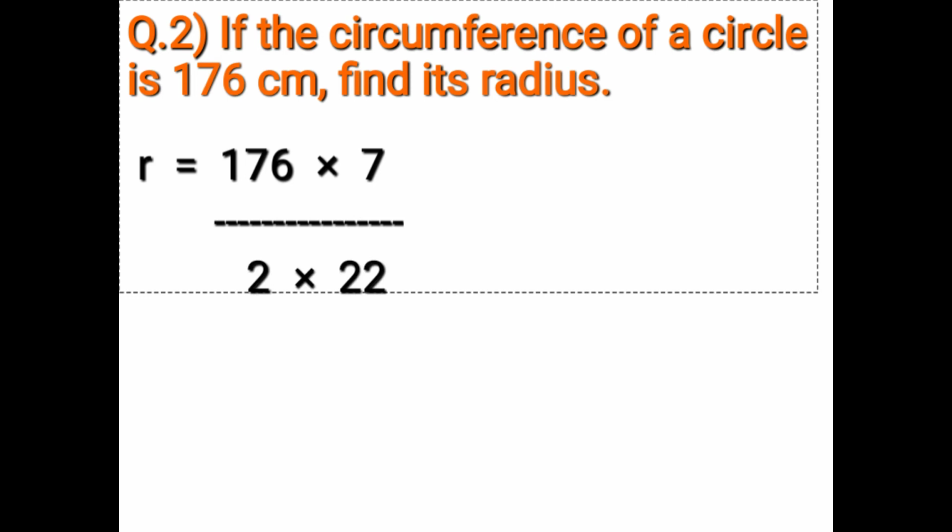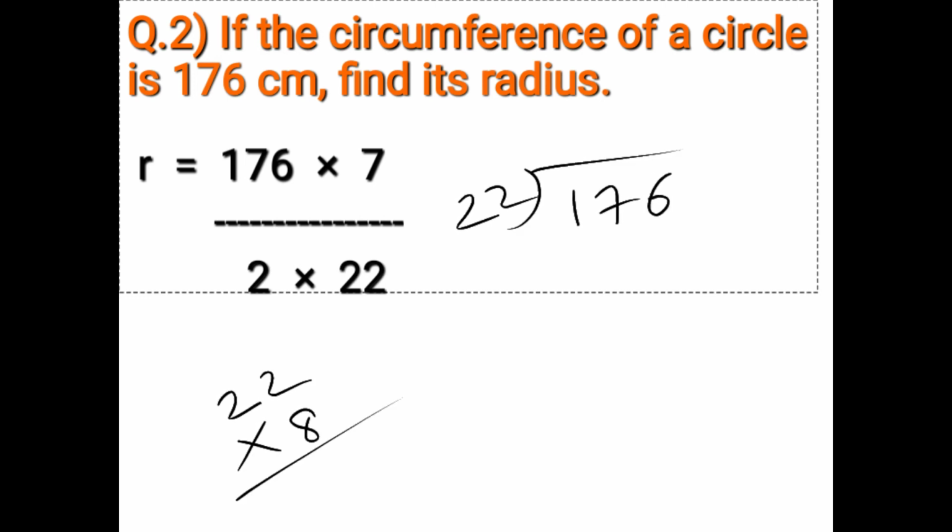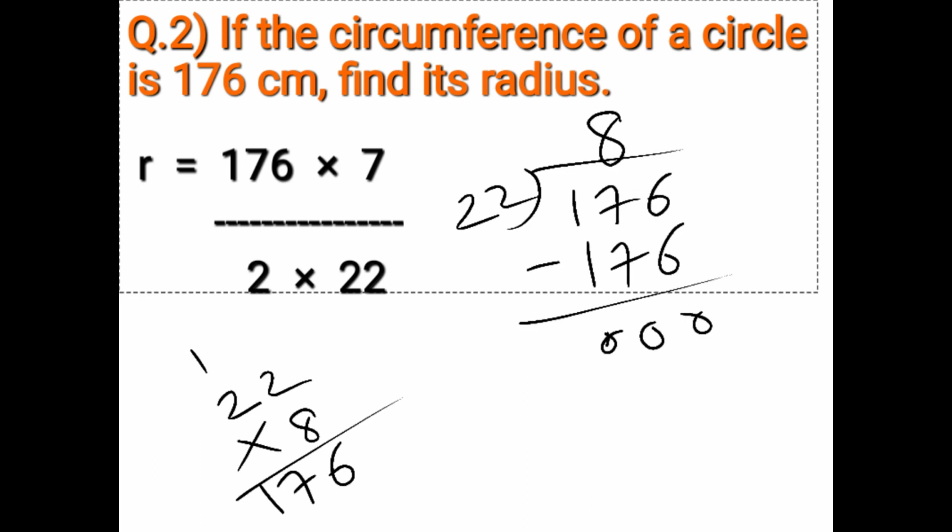Okay. 176 divided by 22 you do. 22 eights are 176: 8 twos are 16, plus 1, 17. So 22 eights are 176.